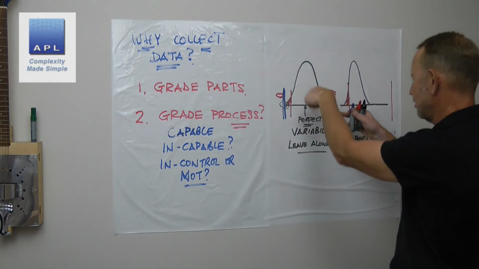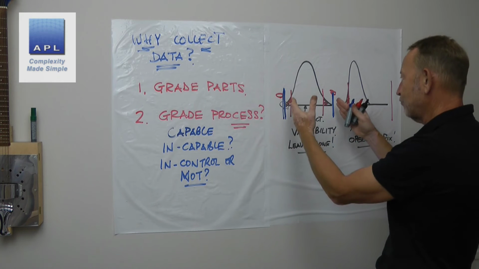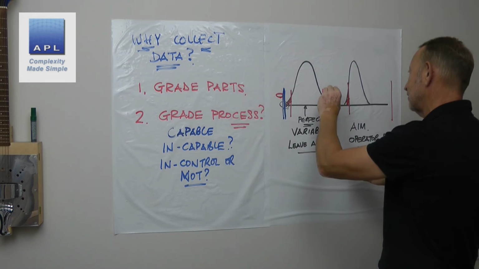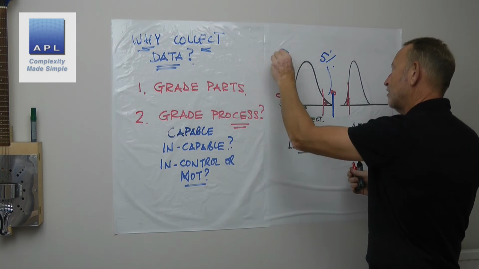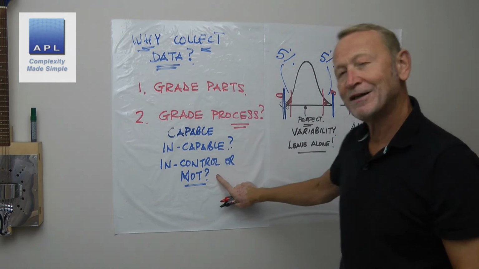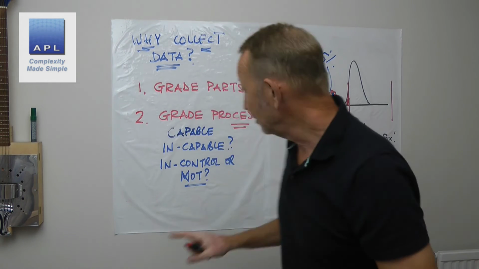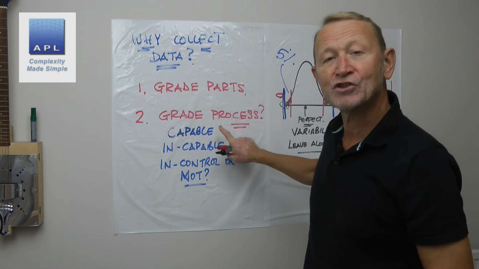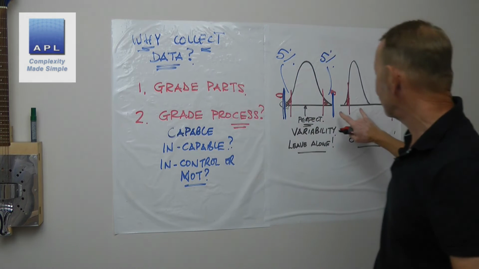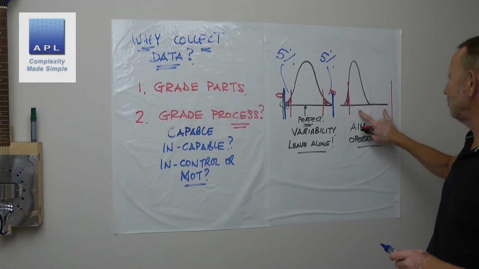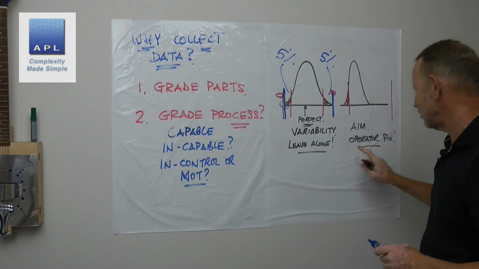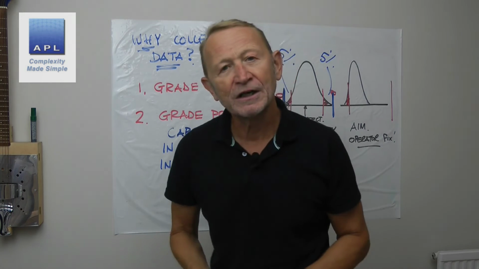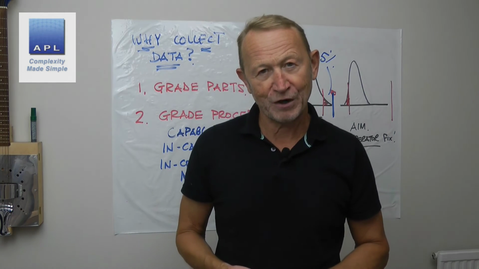So if you produced this pattern here, and every day it produces that pattern, even if it's got a 5% defect rate sitting in those tails, that's a process in control. It's not capable though. It's not capable of being inside the tolerance. This, on the other hand, is perfectly capable of being inside the tolerance, but we're not centering it. Our aim is out. That's how we would grade the process.